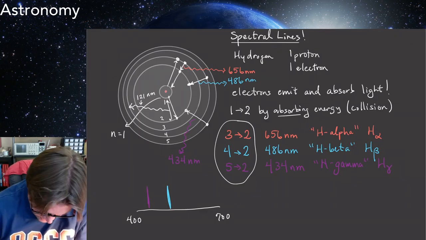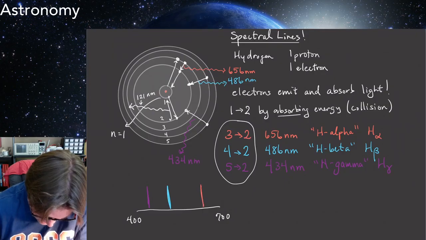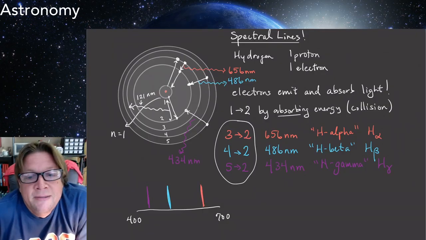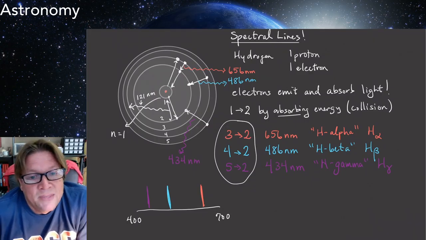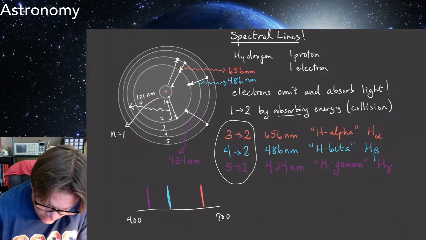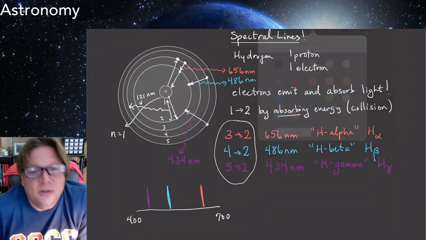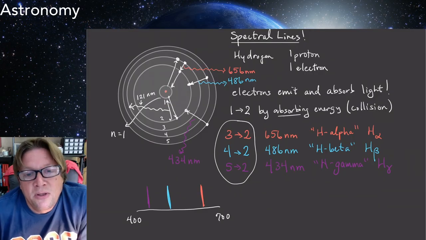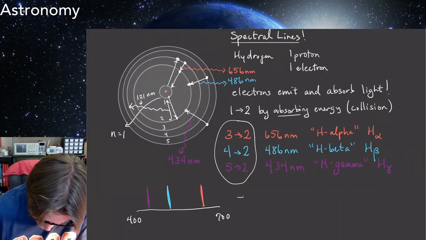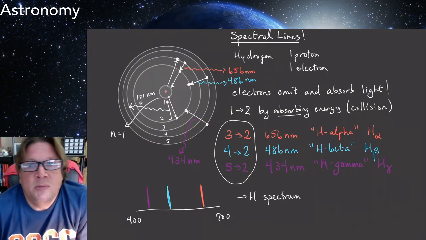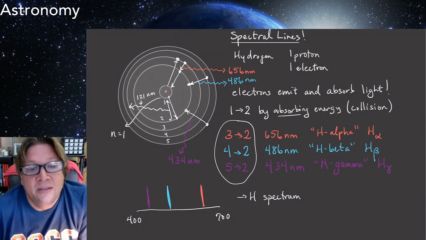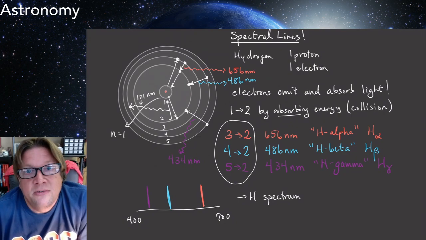And then over here at 656 you're going to see a red line. And here's the coolest thing: we discovered that all elements have their own unique barcode. This really is a barcode. This is the hydrogen spectrum. And it turns out every element has its own spectrum, its own barcode.